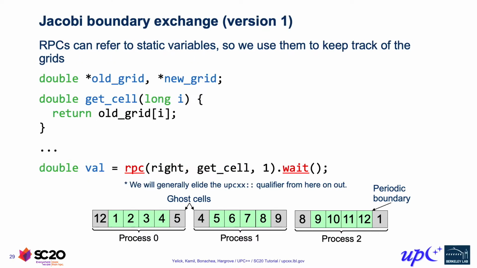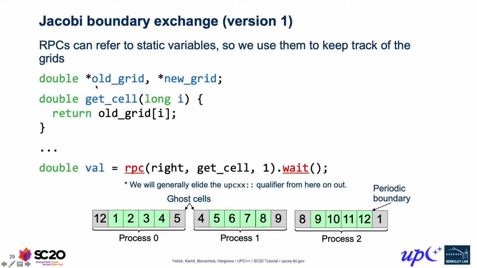So let's take a look at a simple boundary exchange. What the algorithm needs to do is at each iteration exchange boundaries so that we get the new values of our neighboring ghost cells that we need. Okay, so we'll do that using RPC in our first version.